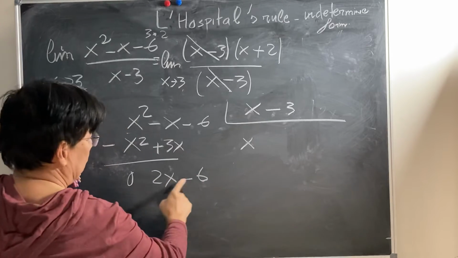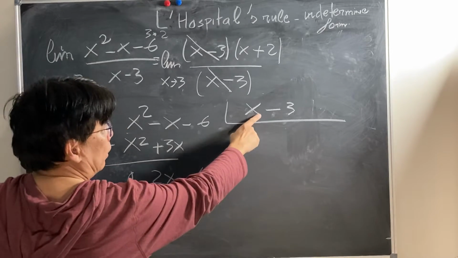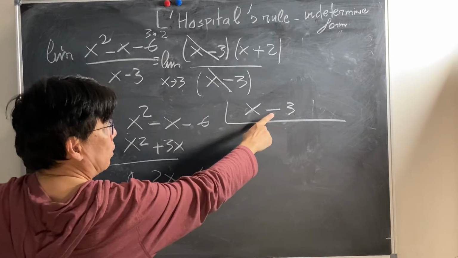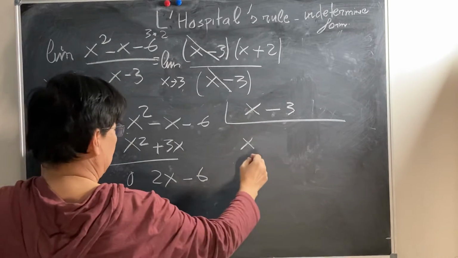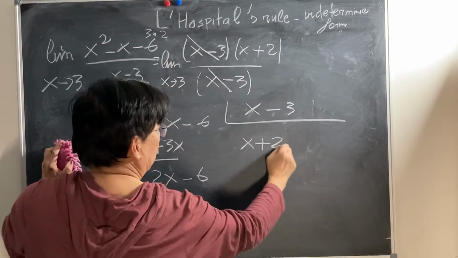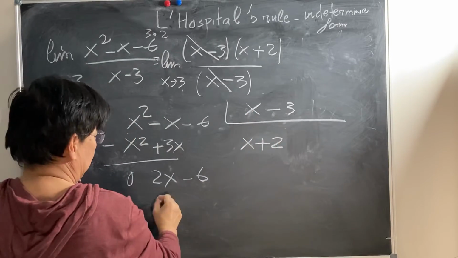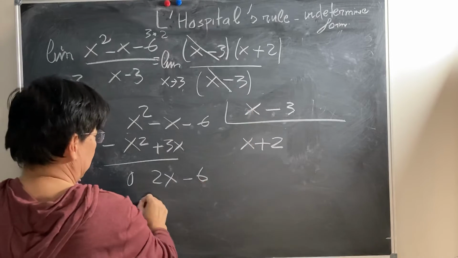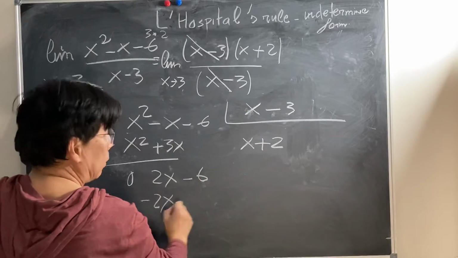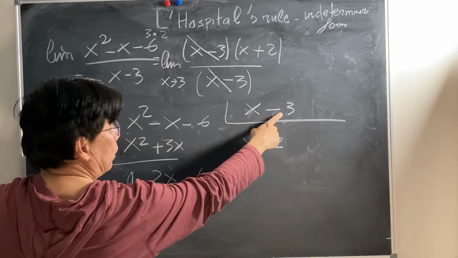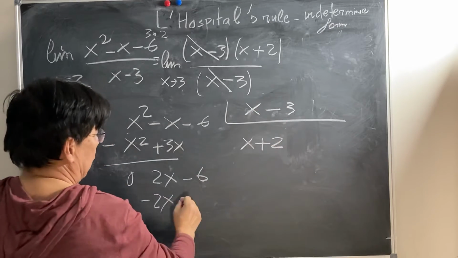Now 2x minus 6 divided by x minus 3, so you need plus 2 here. 2 times x is 2x, so minus 2x, and 2 times minus 3 is minus 6, and you bring it here as plus 6.